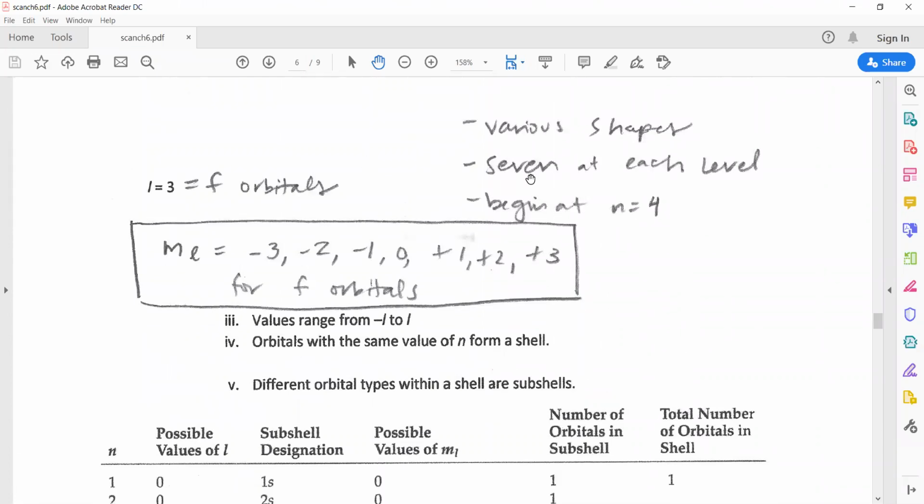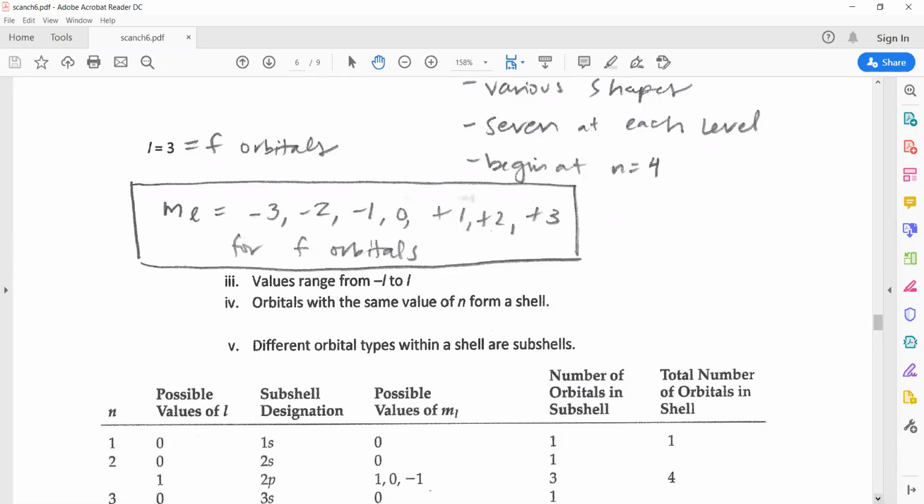I don't even draw them here because they have various shapes. But we want to know there's 7 of them. They begin at n equals 4. So think there has to be 7 different magnetic quantum numbers ranging around 0, from -3 all the way to +3, because it's showing there are 7 different orbitals.